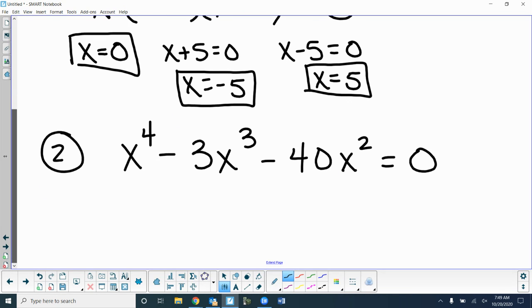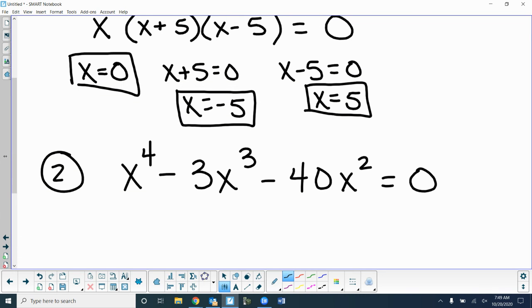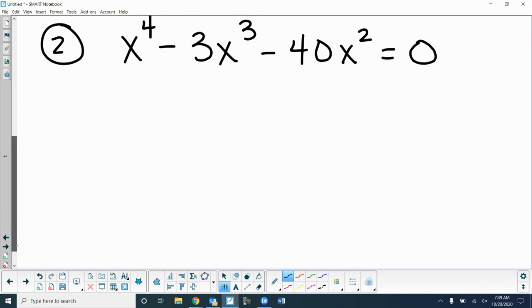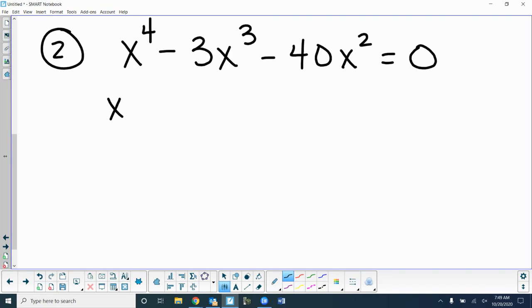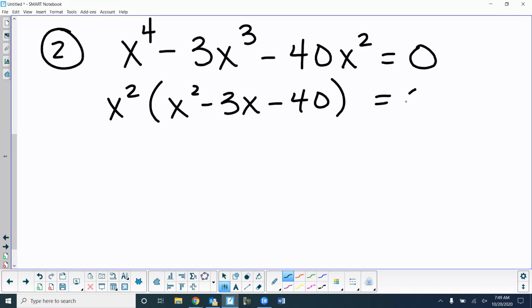Okay, so the GCF this time is x squared, and then I get x squared minus 3x minus 40, which is one of those regular trinomials that are easy because a is 1.